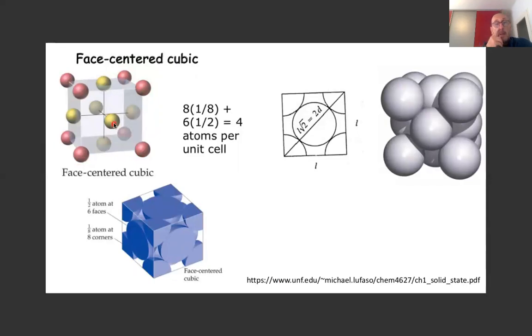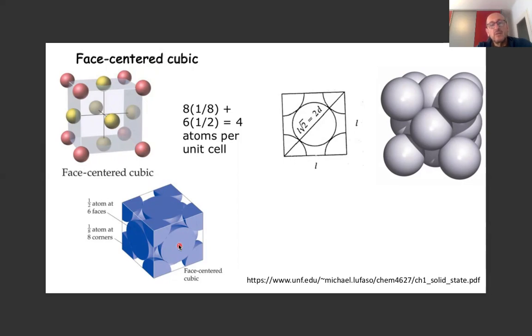Okay, and if you want to count atoms here, this is a bit harder than before. We are seeing all the atoms in this diagram here. So for each one of the faces, you have half an atom. It's a cube, a dice, so it has 6 faces, and we see 3 faces.